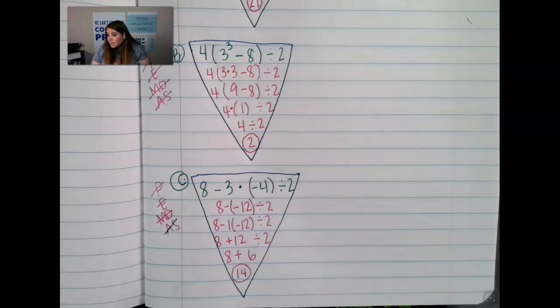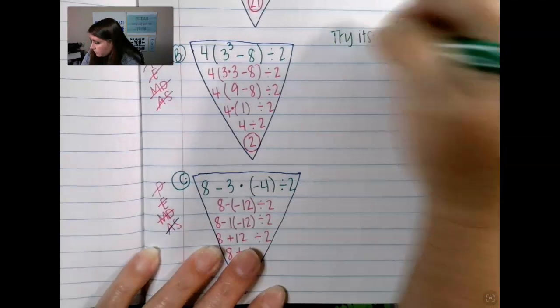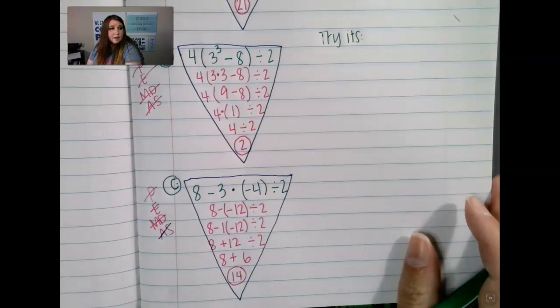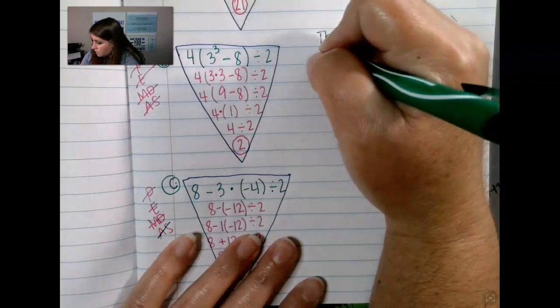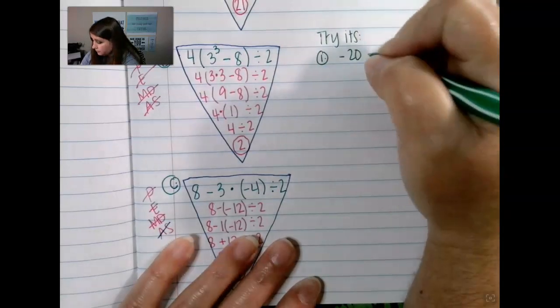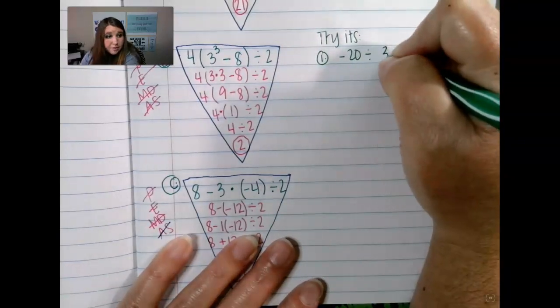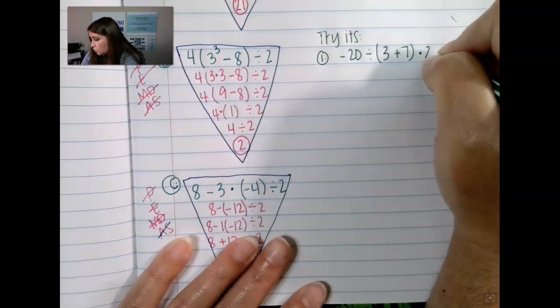Okay, I am going to give you two try-its to do, and then I will let you answer your essential question. All right, so let's look at our try-its. So try-it number 1 says negative 20 divided by 3 plus 7 times 2.